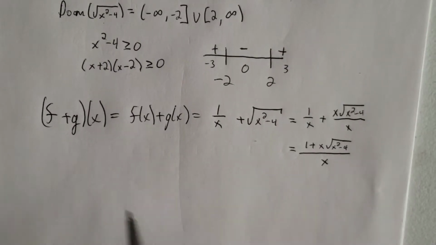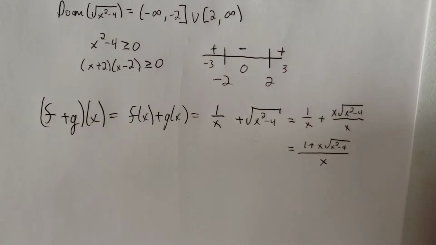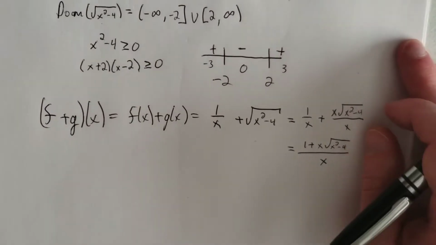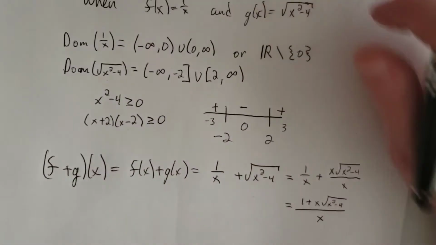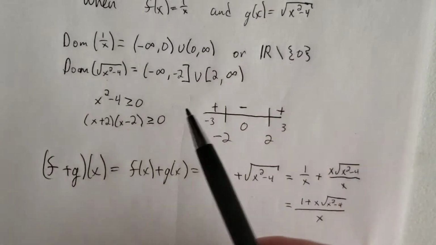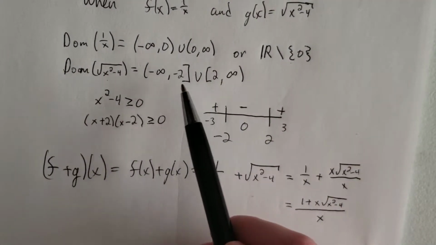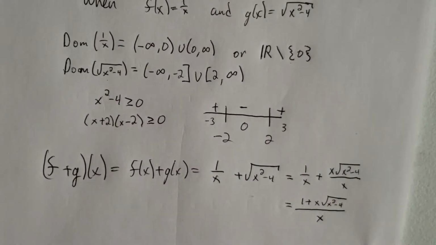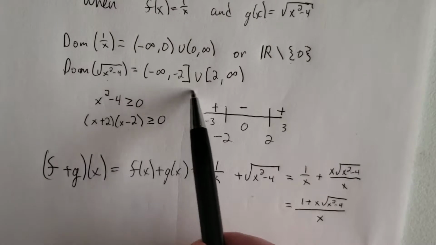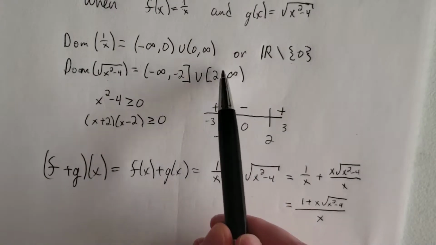The other thing we want to do, besides f plus g of x, is to calculate its domain. Well, the domain of f plus g of x is the intersection of the domains of those two individual functions. So it's the intersection of all real numbers except 0, and these two intervals. Well, the intersection of those is just this domain here.